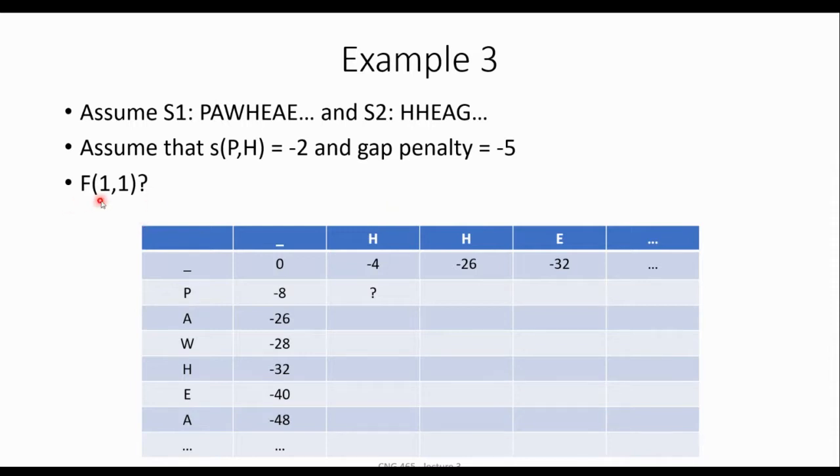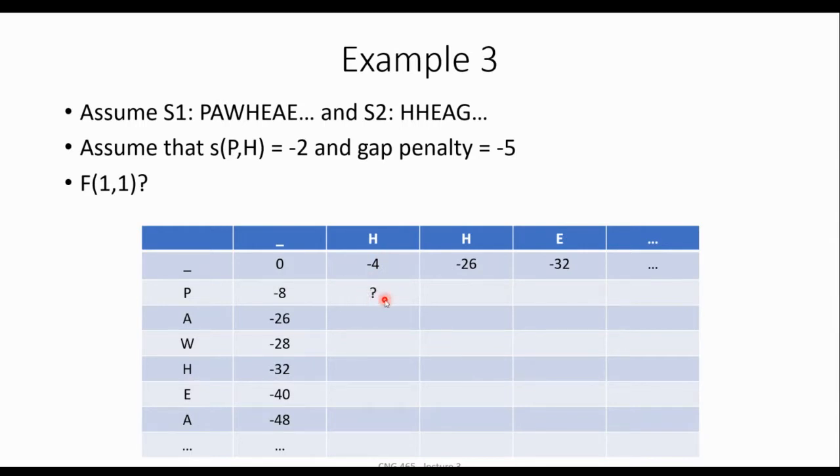Now, assume that we are looking for this cell, M11, sorry. We don't have three-dimensional now. We have just pairwise sequence. So F11. This one is F00. This one is F10, and this one is F01. Now, by having these three neighbors of F11, it is easy to calculate this one.